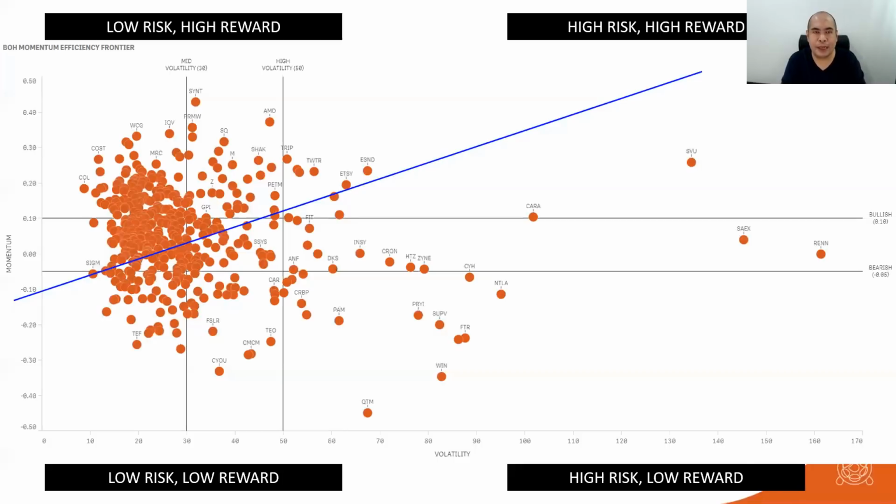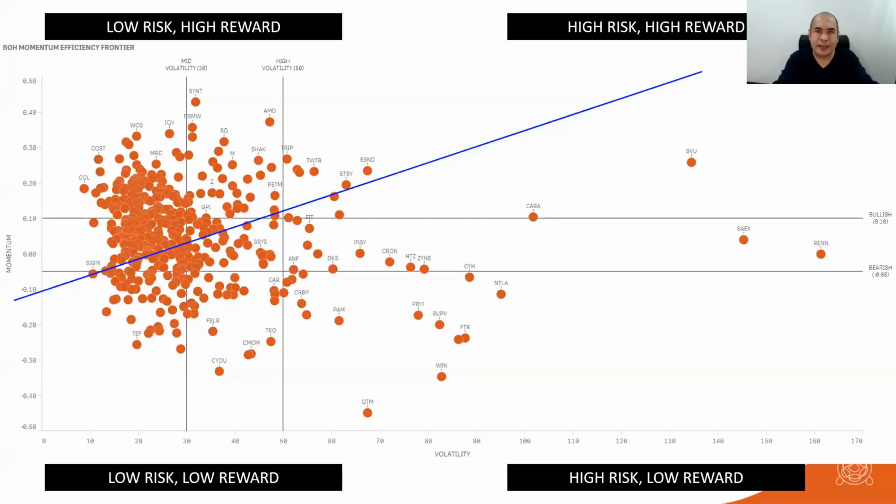Remember, the relationship of risk and returns is non-linear. Just because you're taking risk, it doesn't mean you're going to be automatically rewarded. Some people, especially retail, tend to believe that the only way to generate excess returns is to take on more risk.